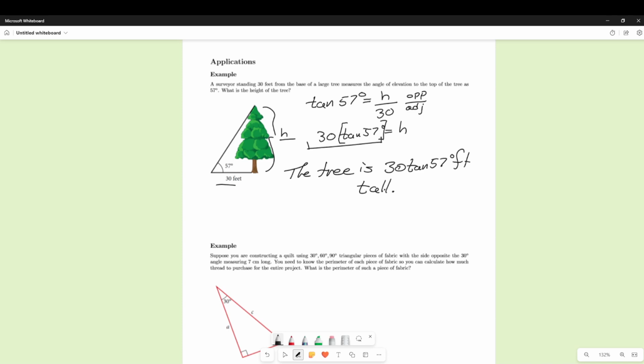It is handy to be able to say, if you worked this out and got 12, there's no way it's 12. So it's nice to get an answer to go, oh wait, that doesn't make any sense, or oh, that's a reasonable amount, to give yourself a check, because it's hard to visualize 30 tangent 57 degrees. So getting a decimal approximation is nice, but we don't need it. And again, I'm going to push you on that.